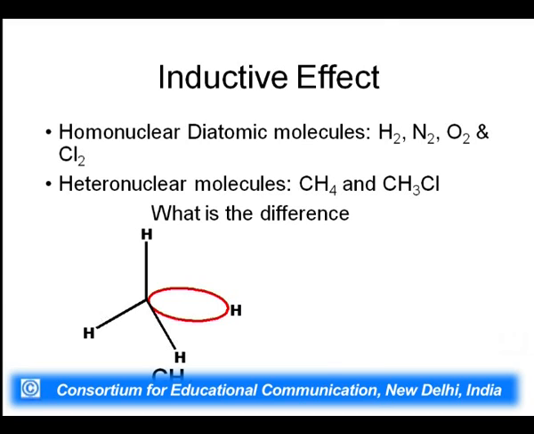the density towards carbon and towards hydrogen is equal, or if there is a minimum difference because of the slight electronegativity difference, it is negligible. So, the carbon and hydrogen are equally sharing and maximum density is between them.